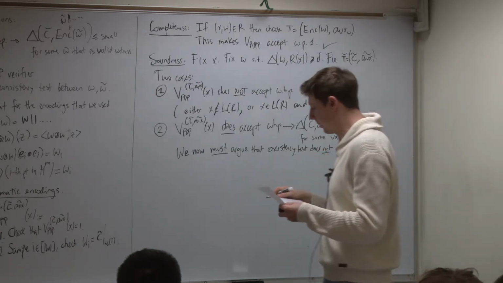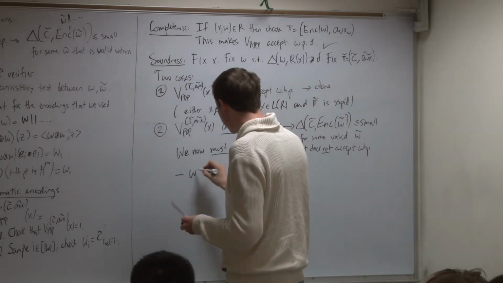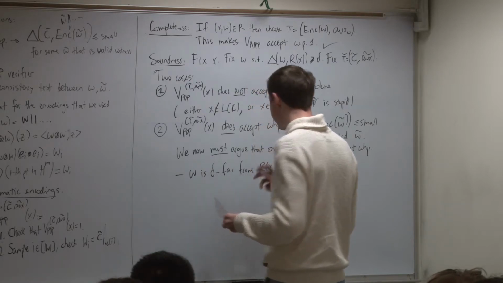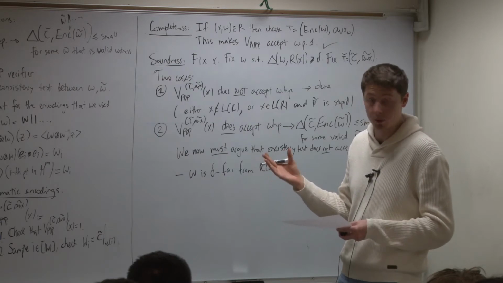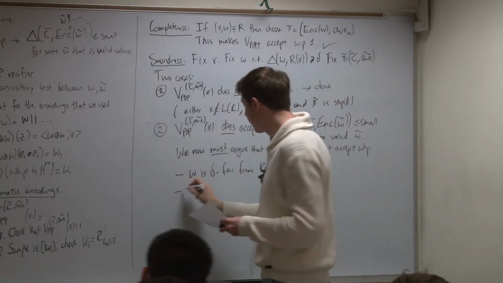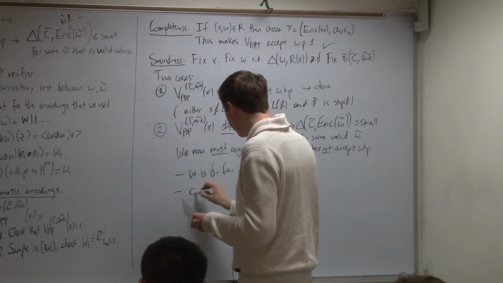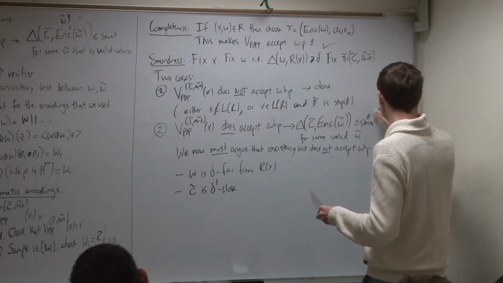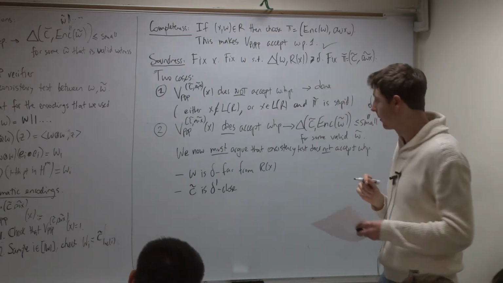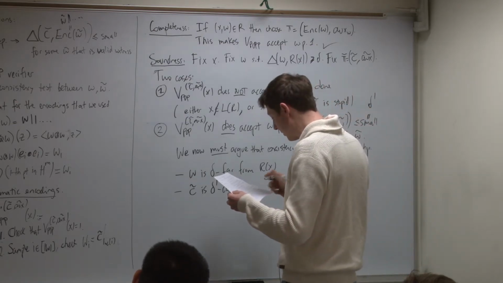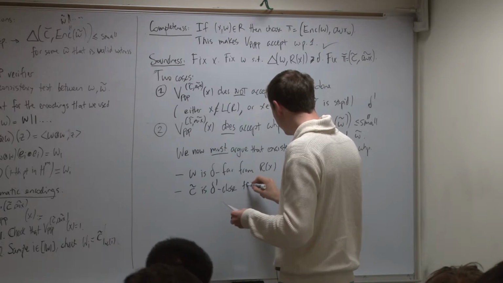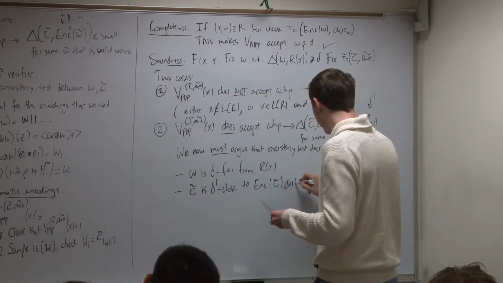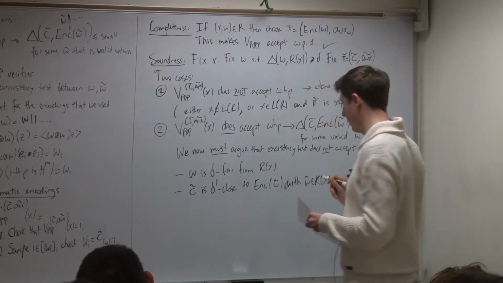So, what's the argument here? Well, you could say W is by definition delta far from Rx. We know that, that's an assumption. Here it is. And then we can also say, well, C tilde is, say, delta prime close, where I define delta prime here for a moment, is delta prime close to the encoding of W tilde with W tilde in Rx, right?